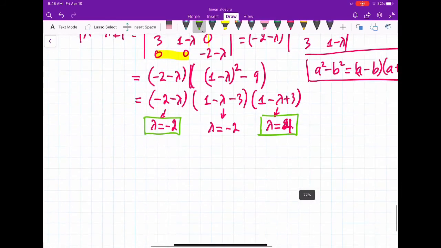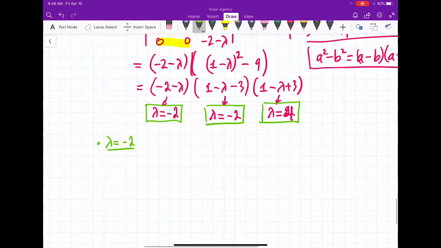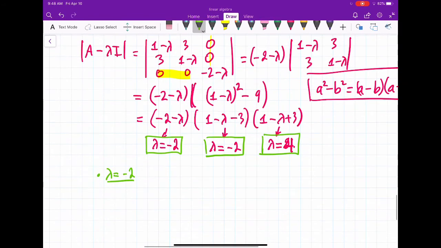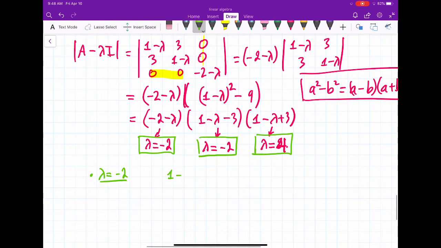For -2 and 4, we can find eigenvectors. Let's say for -2. By the way, -2 has multiplicity equal to 2, okay? Lambda equal to -2. We can solve the following system. We have 1 minus -2, 3, 0, 3, 1 minus -2, 0, 0, 0, and 0.